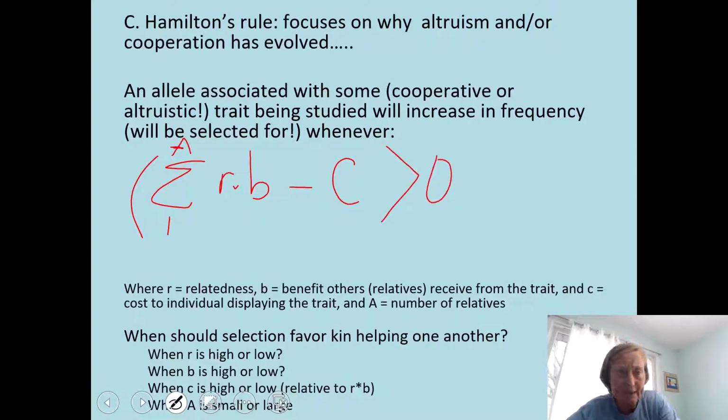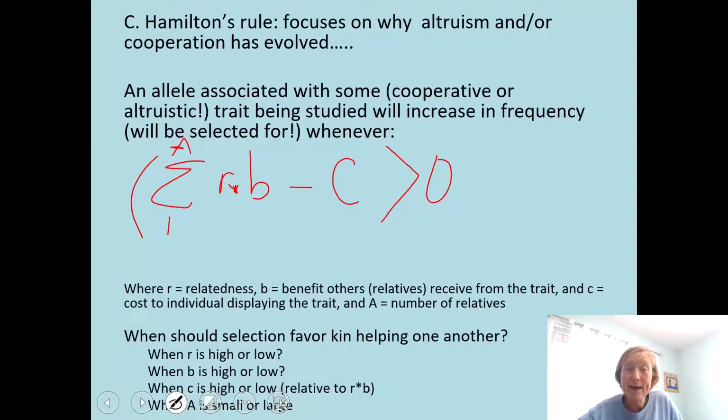What on earth does this mean? R times B minus C. Hamilton says cooperative behavior associated with having a particular gene will increase in frequency, will be selected for, when this is true. So what does this all mean? Let's look at what each part means. R represents the relatedness, the value that we calculated in the last video.